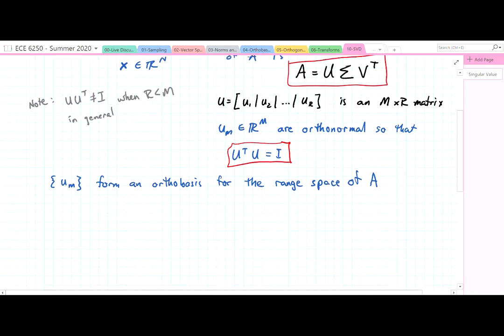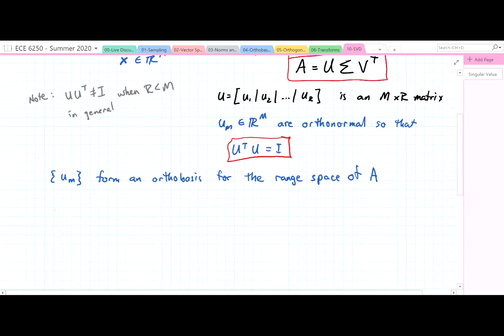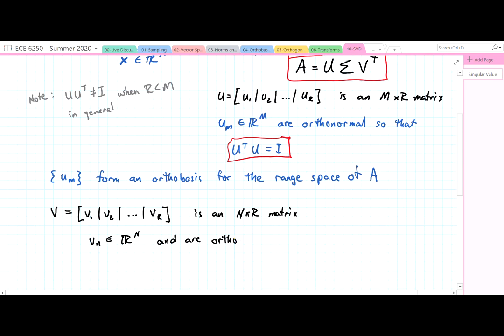Okay, so next we have this V. Let's talk about that. V is a matrix with column vectors v_1 through v_r, analogous to what we had for U. The v's are n-dimensional, and they're also orthonormal.